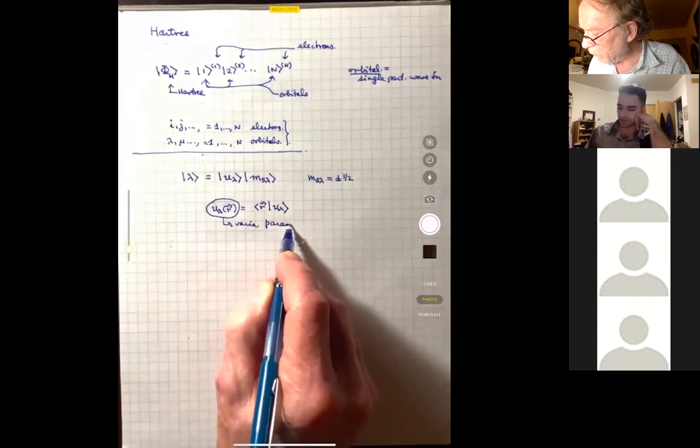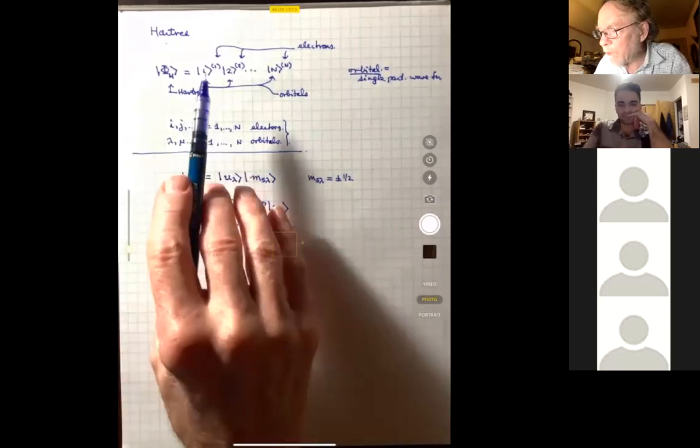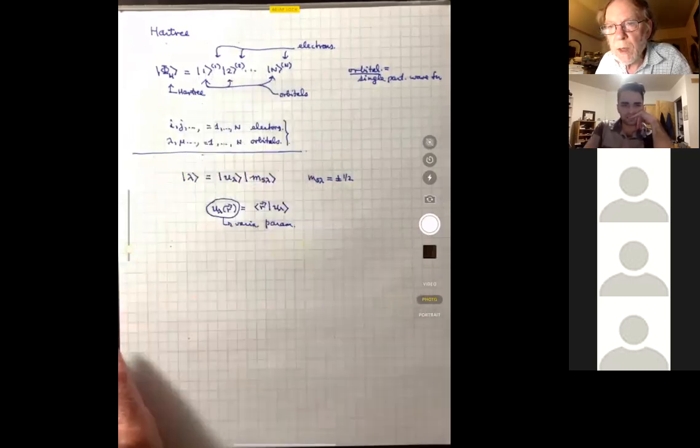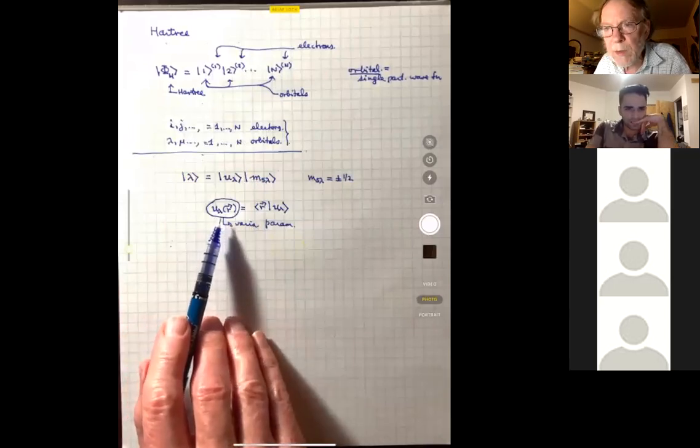Now, in the case of the calculation we just did for helium, the variational parameter was a single number. It was the effective nuclear charge, just one number. So we had a one parameter family of trial wave functions. In this family of trial wave functions, the parameters are actually the spatial parts of the single particle orbitals.